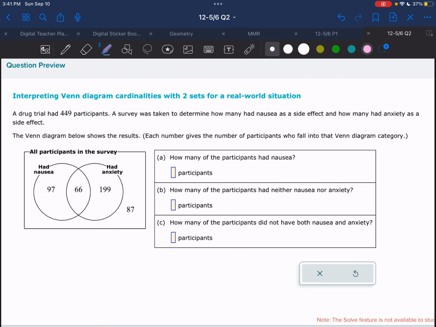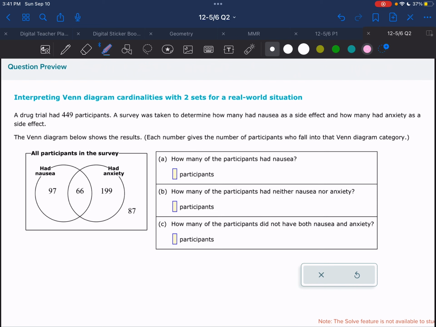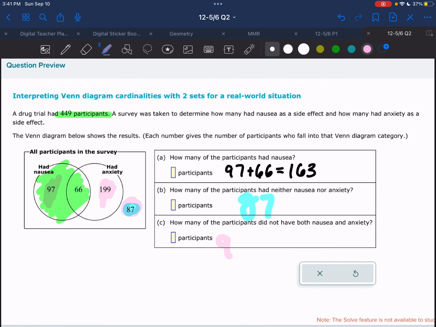So 97 plus 199 plus 87 would give us 383. So if you had any of those from question 2, then you should be good to go.